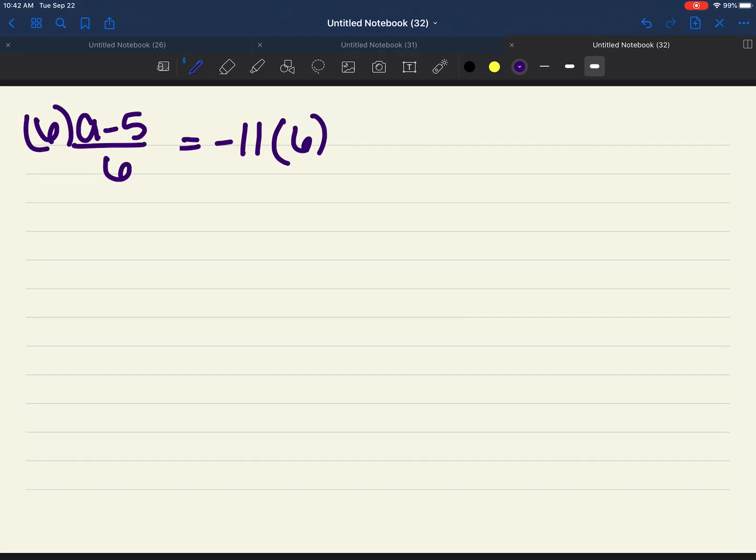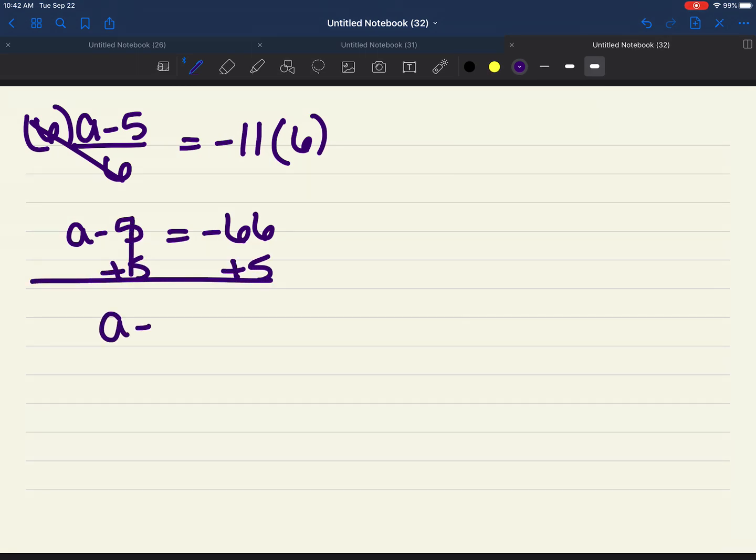Tell me what you get, Stone. Negative 66 is equal to what? 8 minus 5. Good. Now the only thing you would have to do to get a by itself would be what? Add 5. What's negative 66 plus 5, Stone? Negative 61. Good. Okay. Does everybody see the difference in those two problems? Why it's okay on one to multiply first and why on the other one you should subtract first?